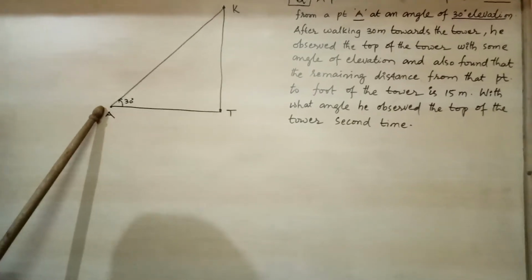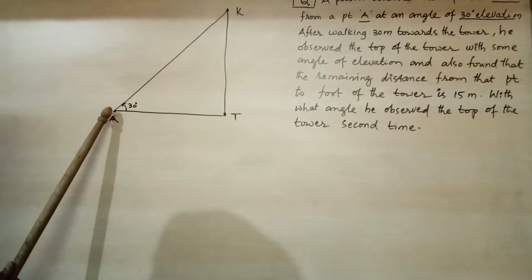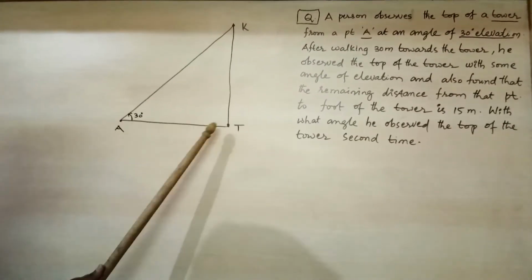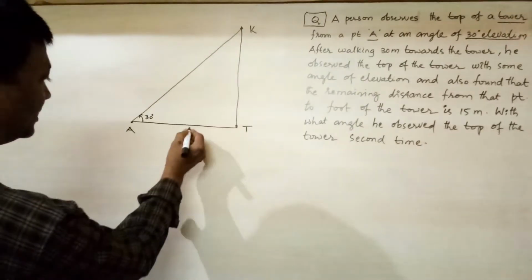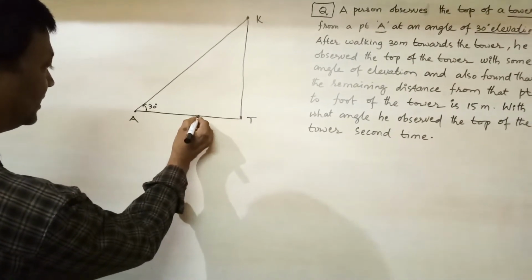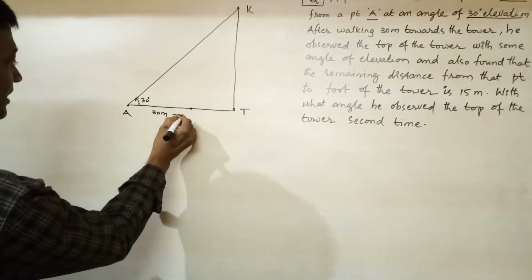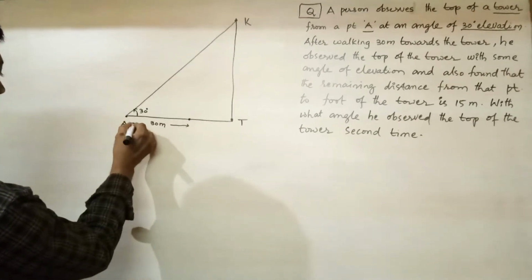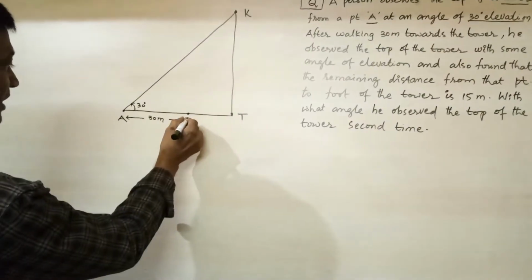From this point he is walking towards the tower, from here to the foot of the tower. He is walking a 30-meter distance from point A. Let this point be B.